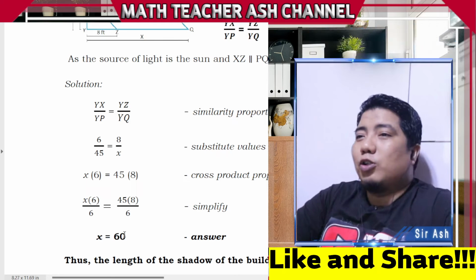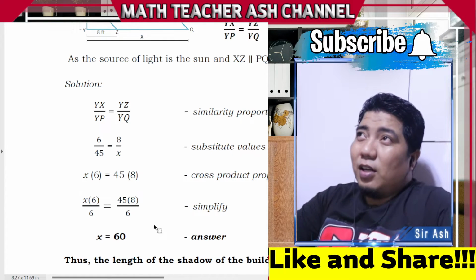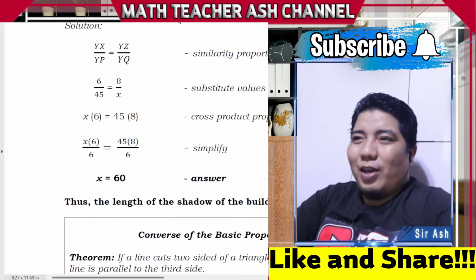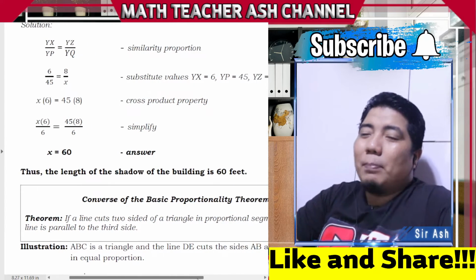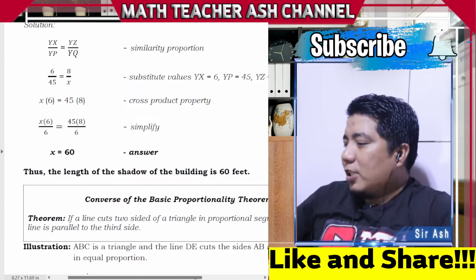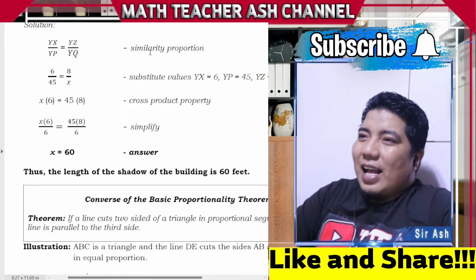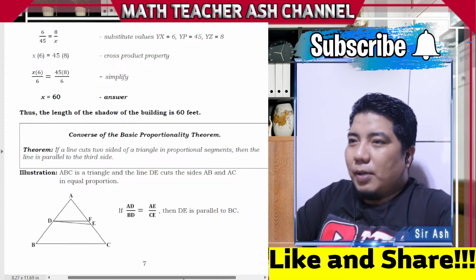Or you can also use 45 times 8, that would be 360 divided by 6, which is 60. So, either way, whichever you like na solution sa pag-multiply or sa pag-PEMDAS sa kanila, the answer will still be the same, 60. Alright.